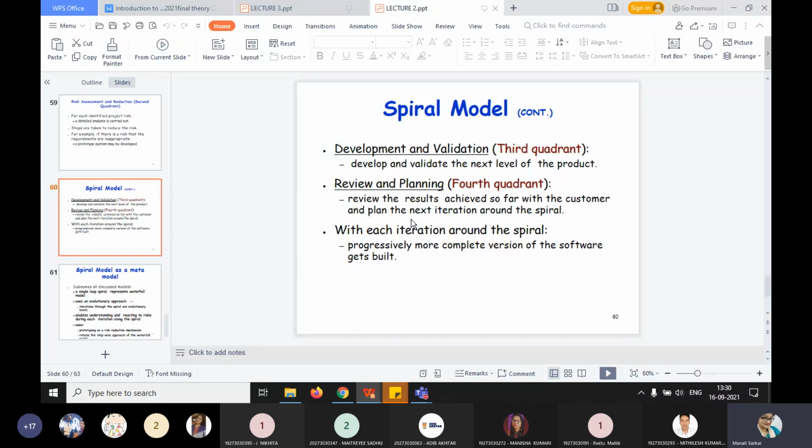Those are rough calculations, and you cannot know them exactly. For software development, whenever any company is developing software, those kinds of assumptions are required. If the assumption is exact and correct, then we can use the spiral model. Otherwise, it is not a good idea to use the spiral model.